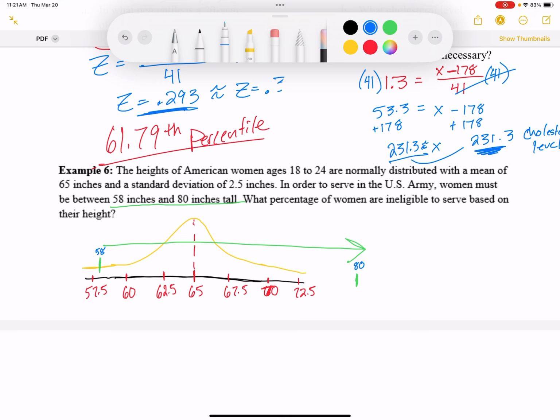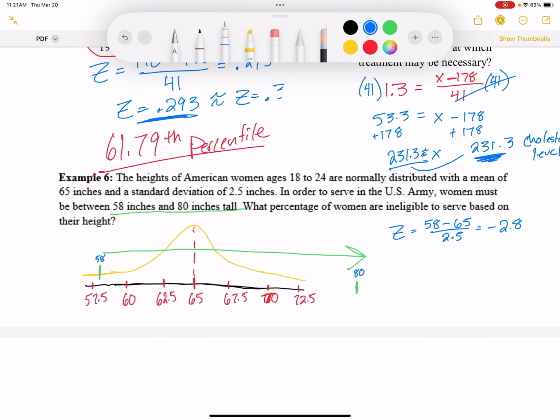We know the z-score is equal to the point, 58, subtract the mean, 65, divided by the standard deviation, 2.5. That gives us negative 2.8.